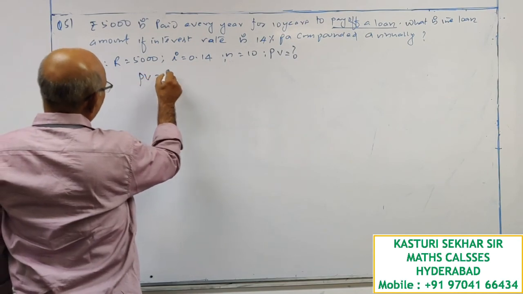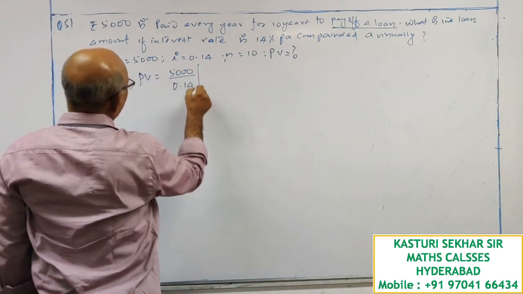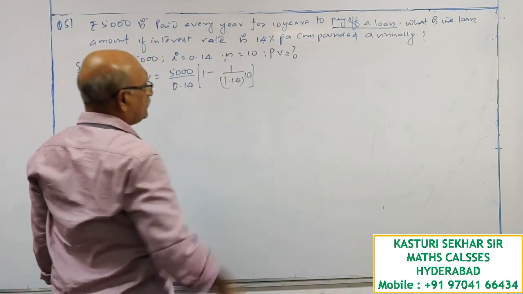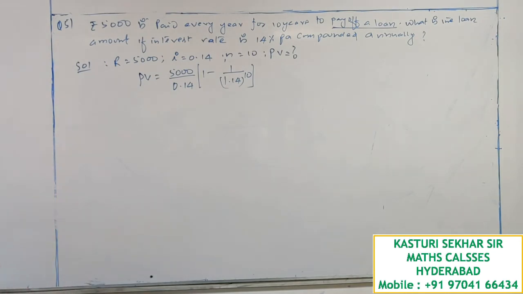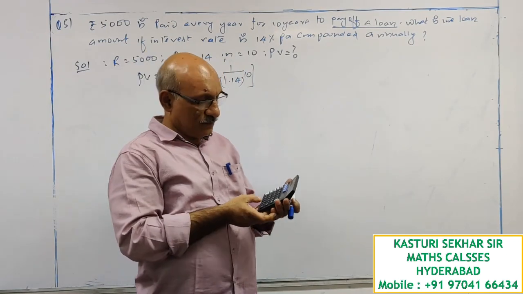So present value is equal to 5,000 divided by 0.14, into 1 minus 1 by 1.14 whole power 10. So let's see, 1.14 to the power 10.